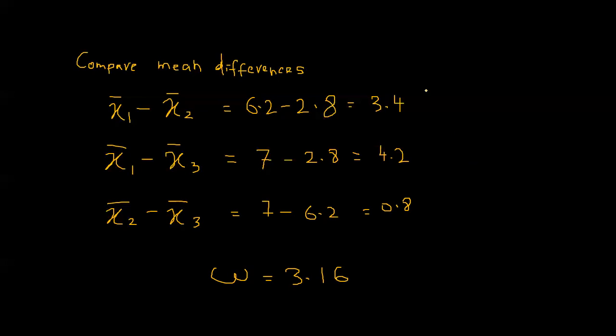So 3.4 is greater than 3.16, and 4.2 is also greater than 3.16, and the value of 0.8 is less than 3.16.